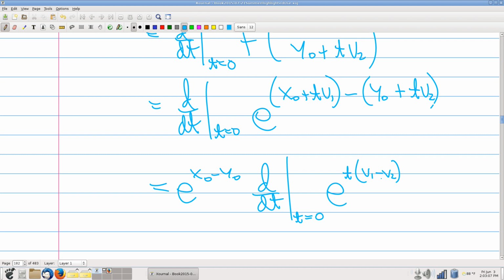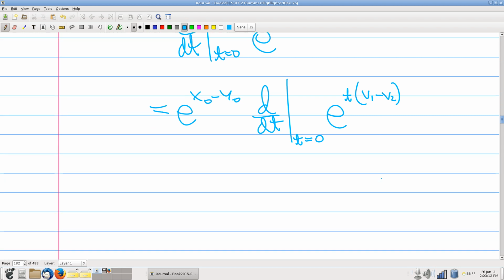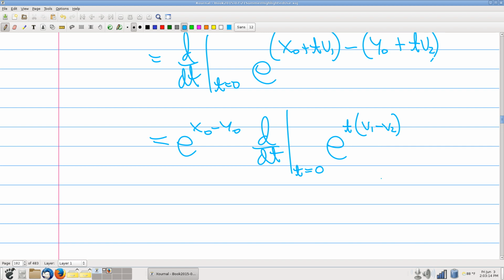Okay. All right, well, now the derivative is no big deal. That's just single variable calculus here. And so I have e to the power of t times a constant.